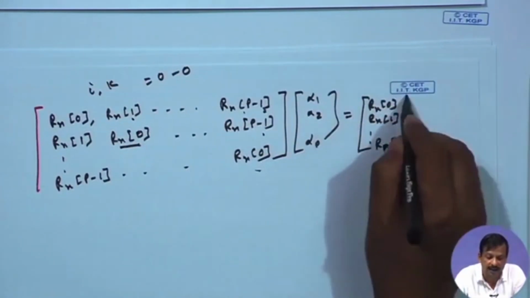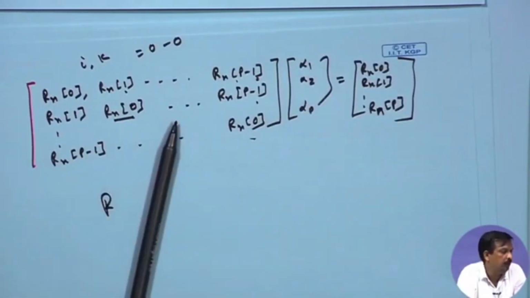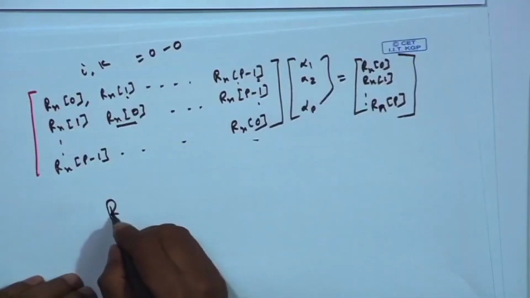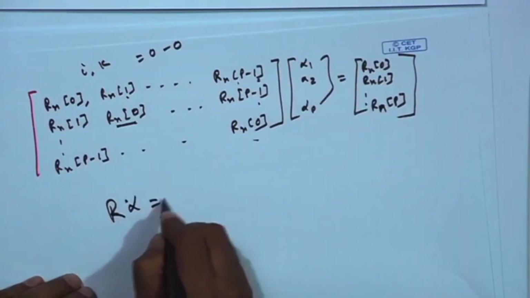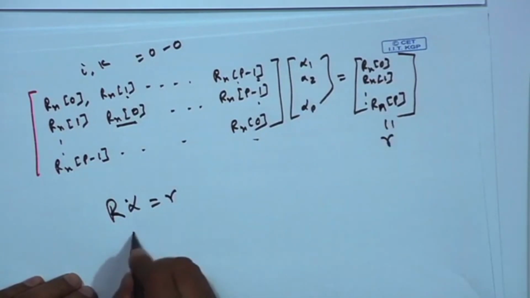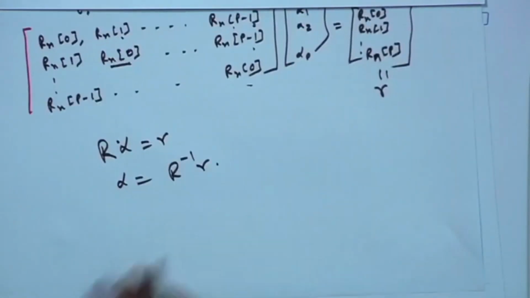If I solve this, capital R into alpha is equal to small r, so alpha is equal to capital R inverse small r. I can solve.